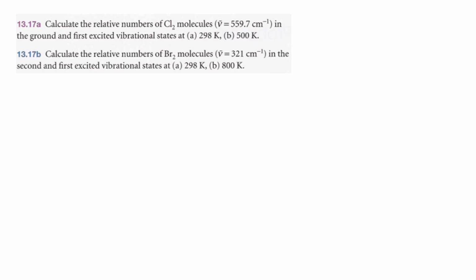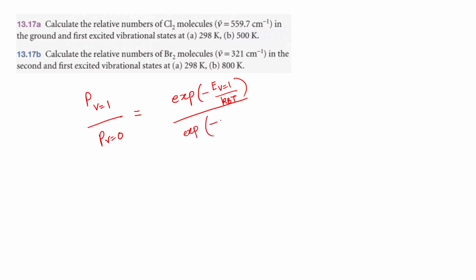If we calculate the number of Cl2 molecules in the ground and the first excited state, and as there is no degeneracy, then the population of v equals 1 divided by the population of v equals 0 is going to be, constants aside, a Boltzmann distribution: exponential of minus energy of v equals 1 by kBT, where kB is the Boltzmann constant, divided by exponential of minus energy of the v equals 0 state divided by kBT.